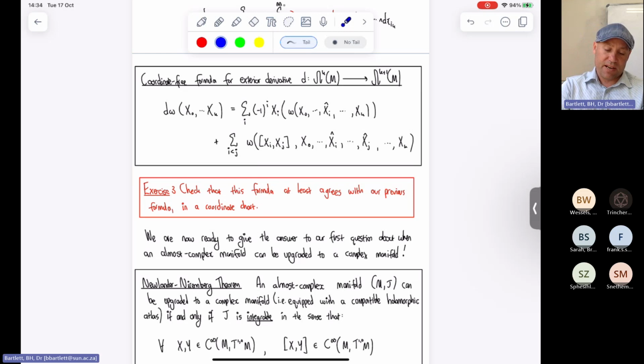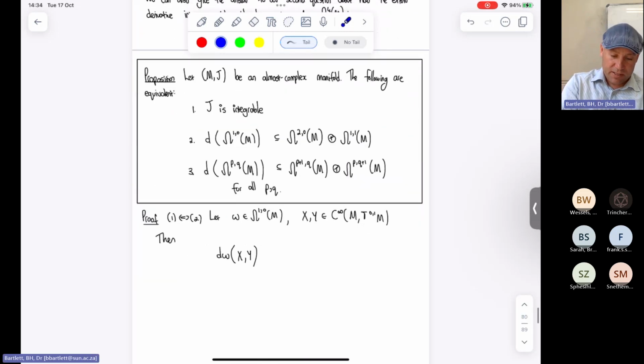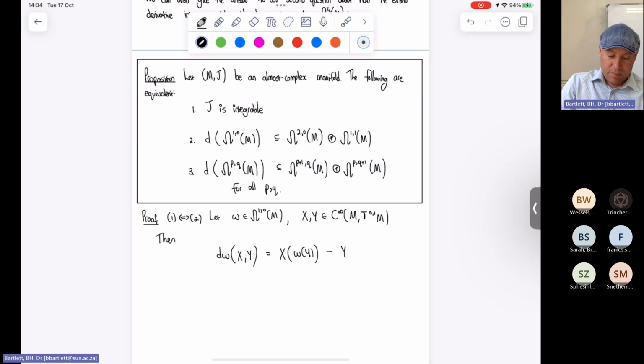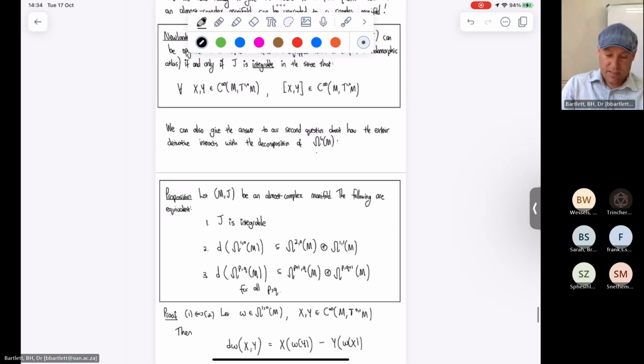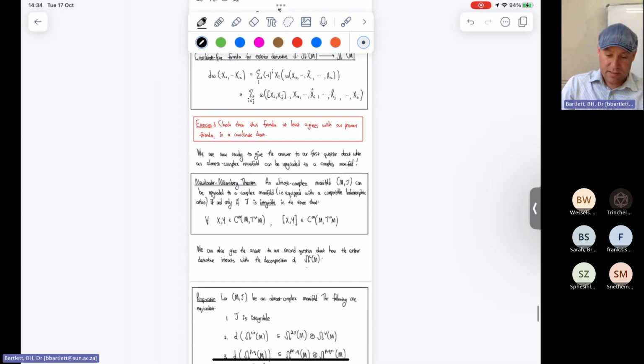And for each such vector, I have to remove that vector and then apply omega to the remaining vectors. And I've got to differentiate the result in the direction of that vector. So I think you'll agree with me that that first part is going to be vector x applied to omega of y minus the vector field y applied to omega of x. Right? That's this part here.